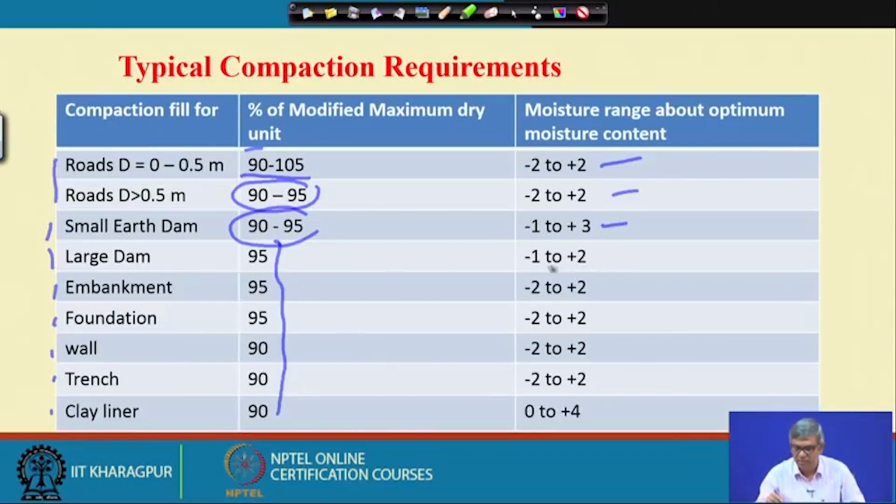Similarly, for large dam -1 to 2, for embankment -2 to 2, and for foundation -2 to 2, like that. These are the guidelines one has to keep in mind when practicing these compaction activities in the field.